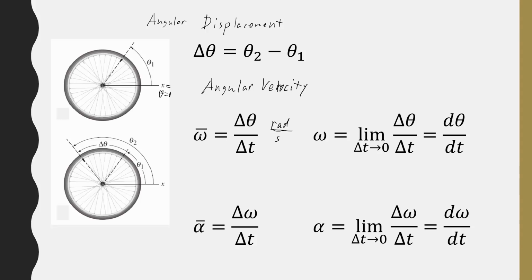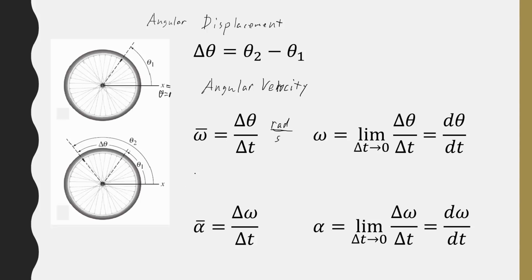So we can define the average angular velocity. The symbol for angular velocity is omega. Or we can look at the instantaneous angular velocity, which is where the change in time goes to 0. And so we have the same relation as before, that the derivative of the angular position gives us the instantaneous angular velocity, just like before it was the derivative of position that gave us the linear velocity.